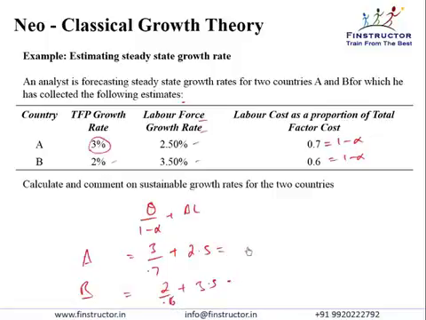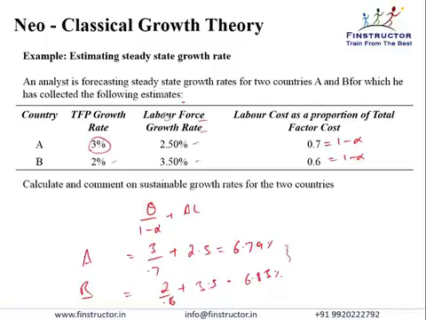So for A it comes out to be 6.79%, and for B 6.83%. So both countries seem to have similar growth paradigms.